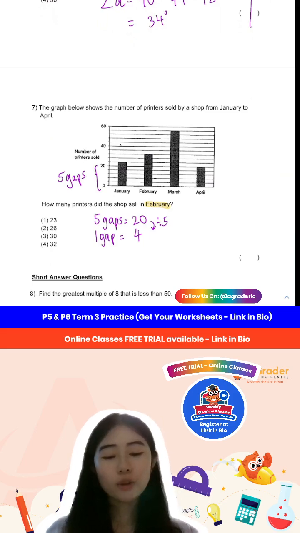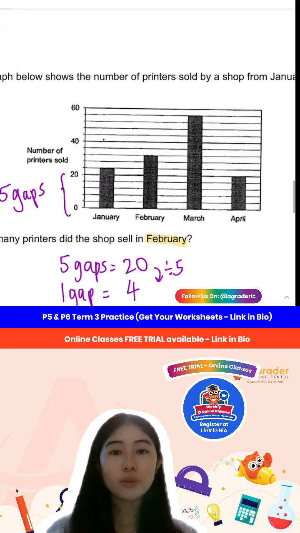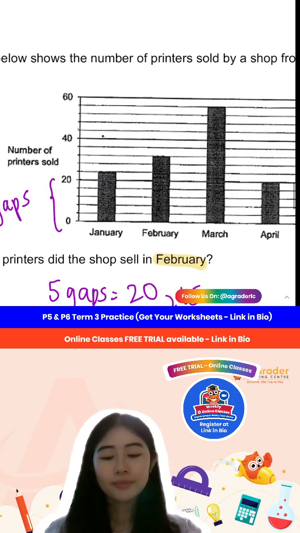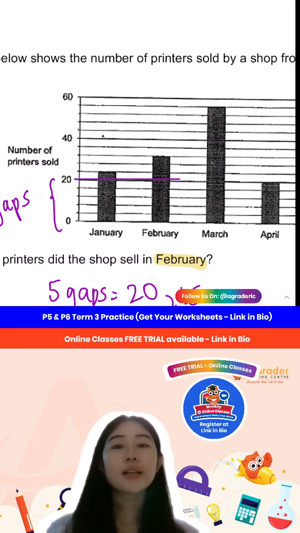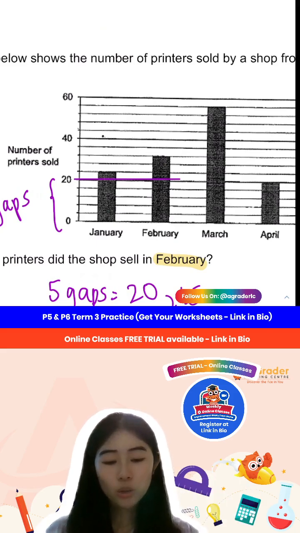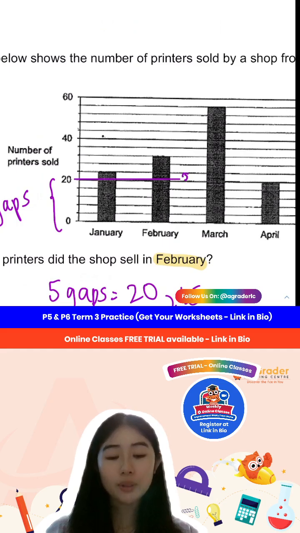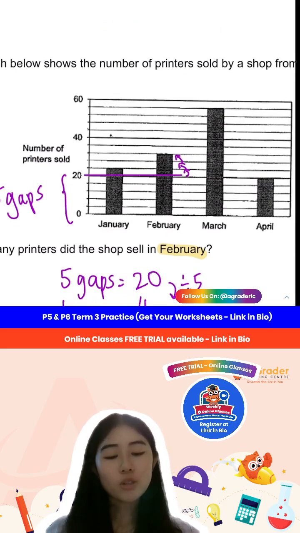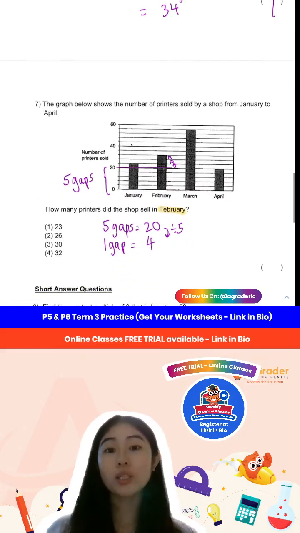Since they're asking for February, let me zoom in for you. For February, starting from 20, you need to go up a few gaps. You go up 1 gap, 2 gaps, 3 gaps. So starting from 20, I will go upwards by 3 gaps.